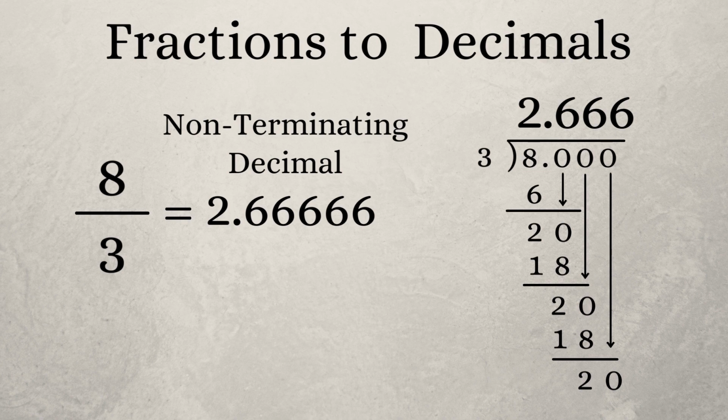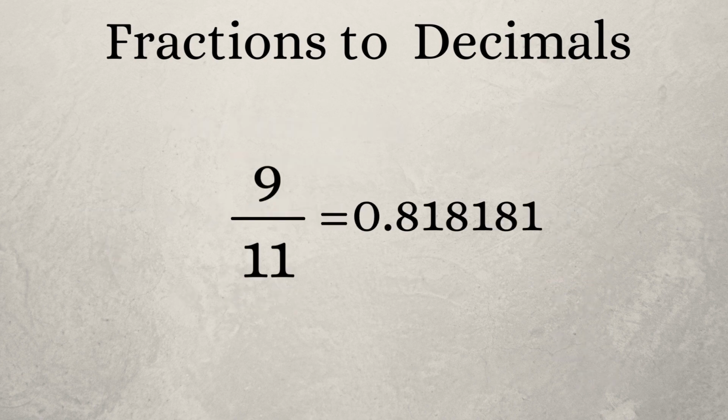And to represent such a decimal, we put a line on top of the number that gets repeated as shown here. Another example, 9 by 11 gives us the decimal 0.818181 and so on. So the repeating numbers are 81 and is represented as shown here.